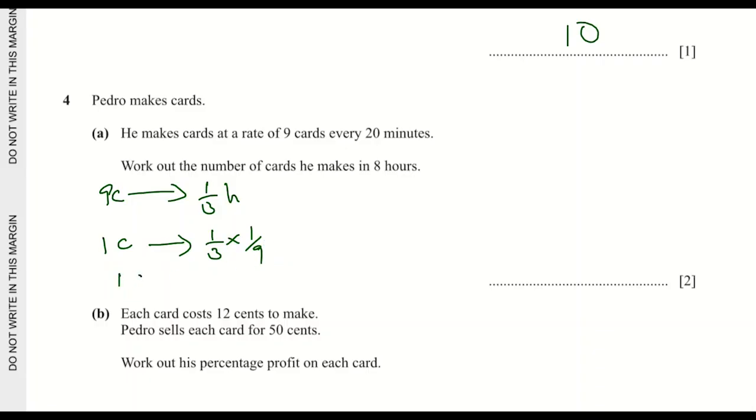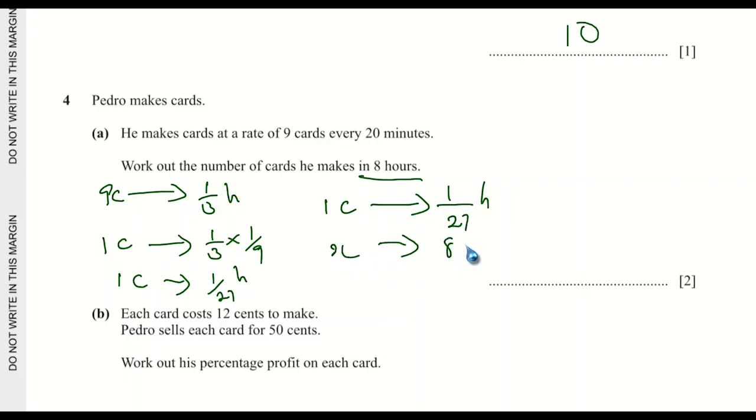So it means 1 card implies 1/27 hour. Now, work out the number of cards he makes in 8 hours. So this is interesting now. 1 card implies 1/27 hour. How many cards in 8 hours?